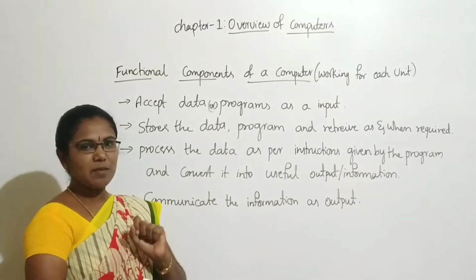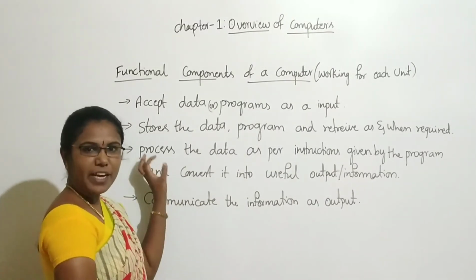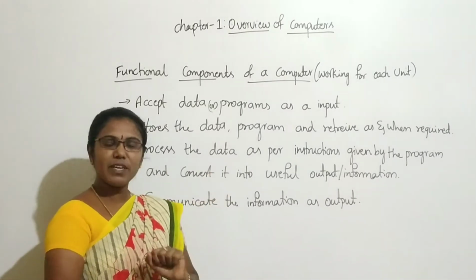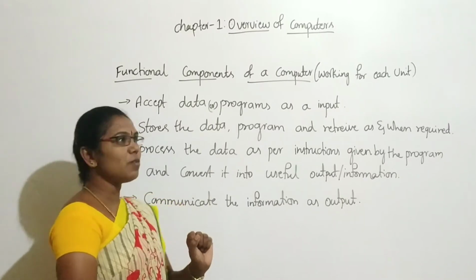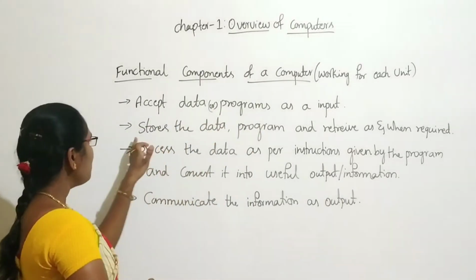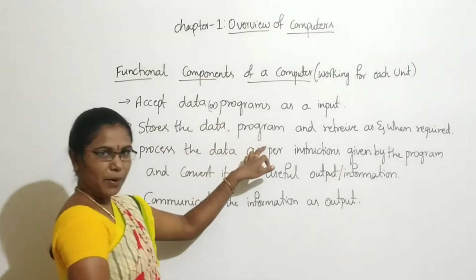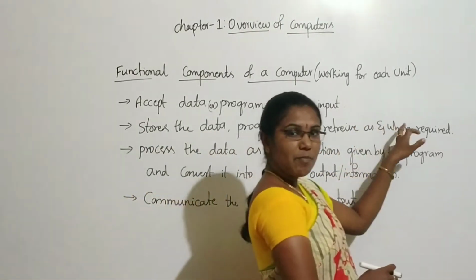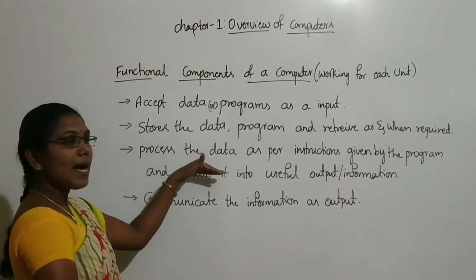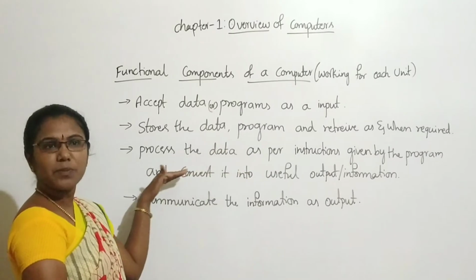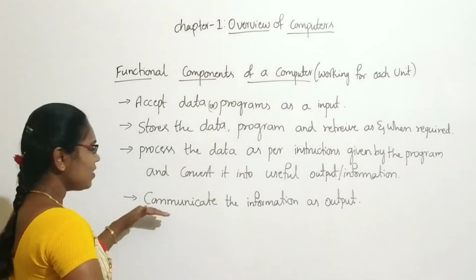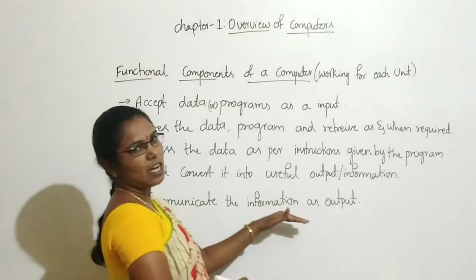Understood? So based on the computer, it will support the following functions to process the data. What functions will each and every computer follow? It will accept the data or programs as input, store the data or programs and retrieve them as and when required, process the data as per the instructions given by the program and convert it into useful information, and last, communicate the information as output.